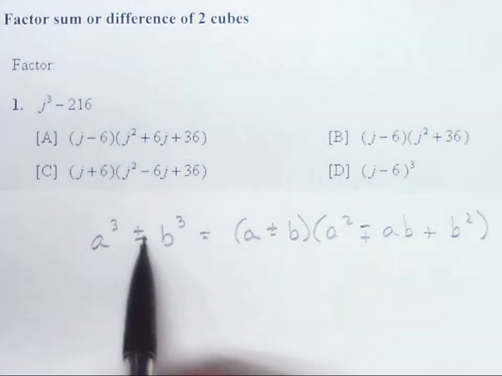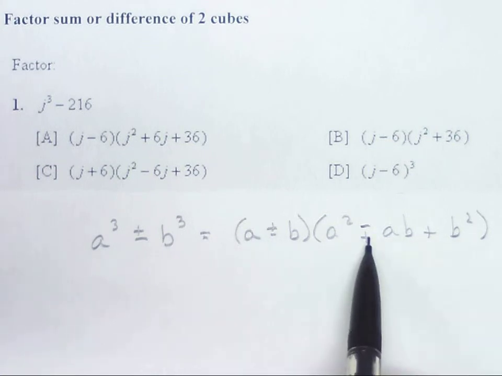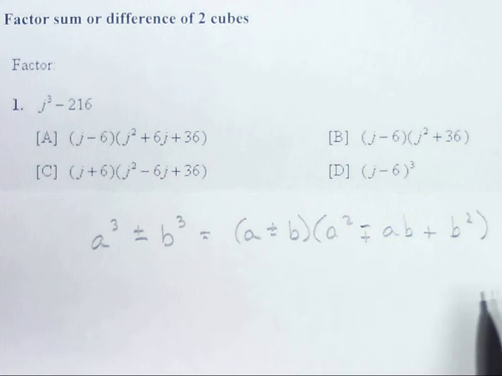Whatever the sign is here matches the sign in between the first two terms of the first factor. And then this sign is always the opposite of this sign.